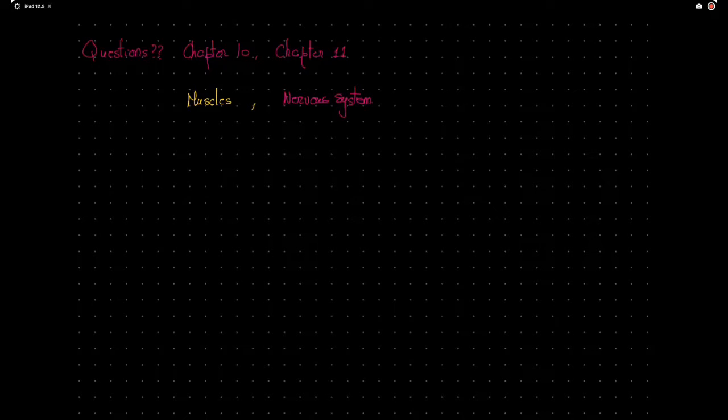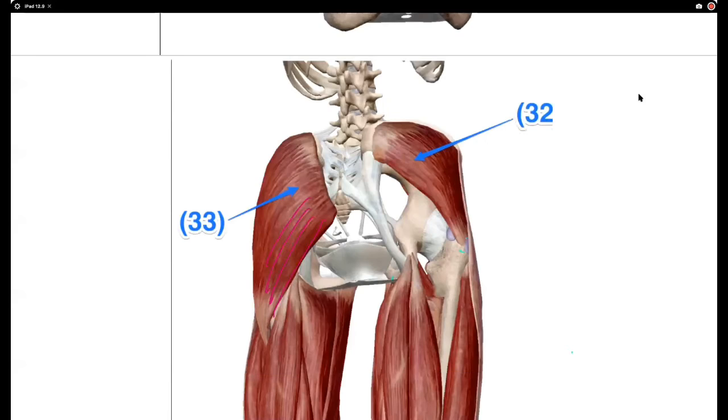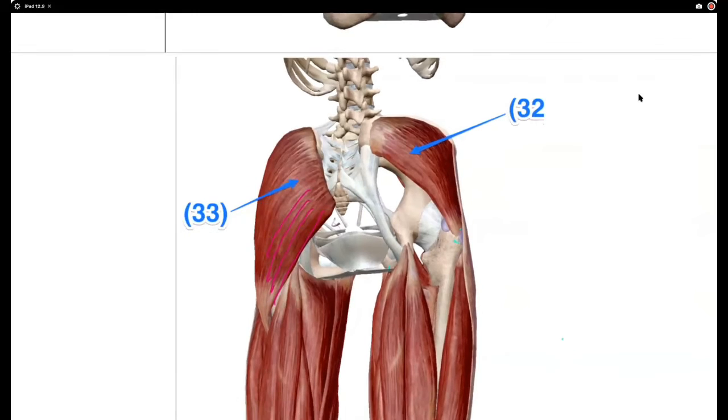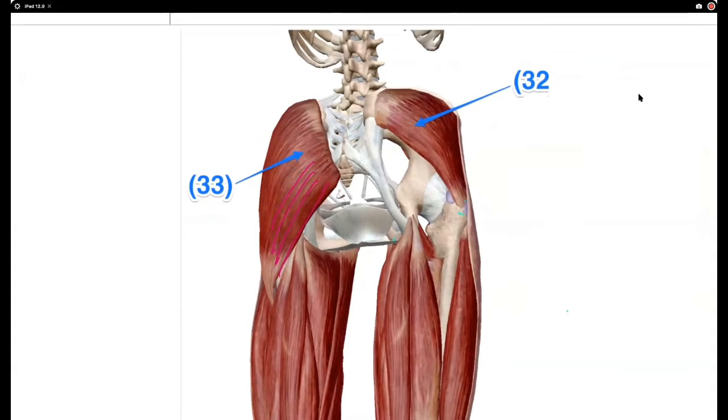All right, so let's resume our discussion as part of the in-class activity questions. If you remember, we have been identifying those different muscles and reviewing together the action of each of them.